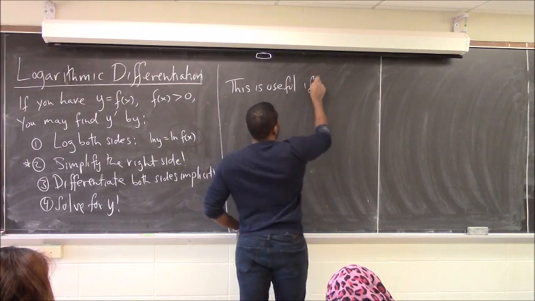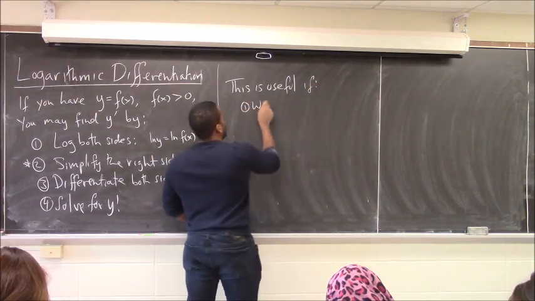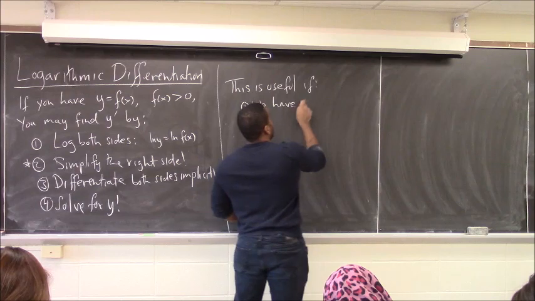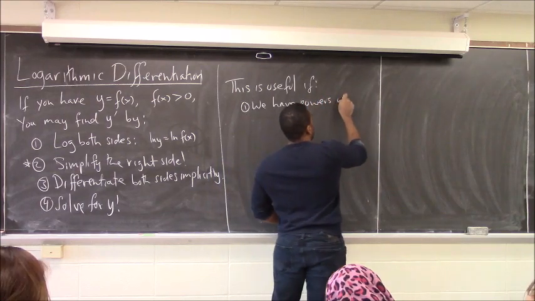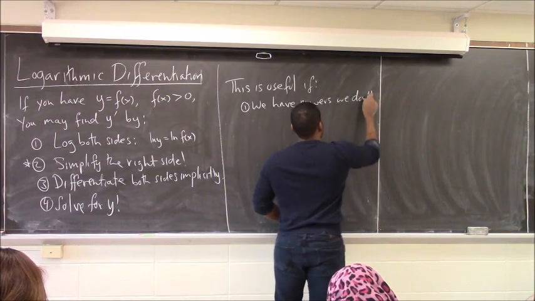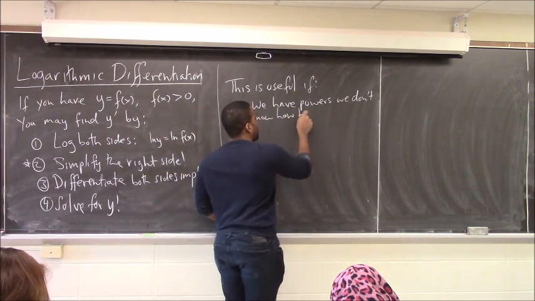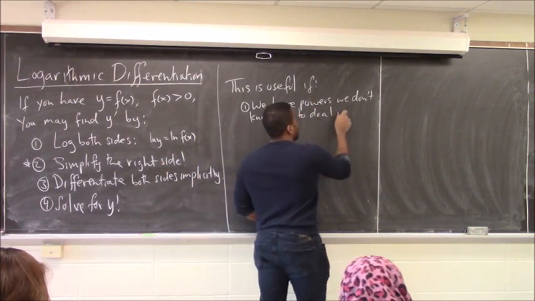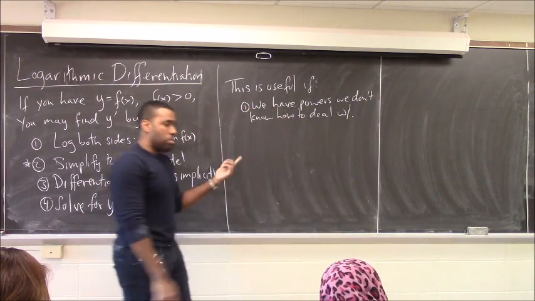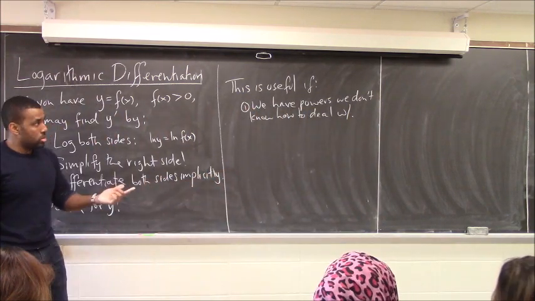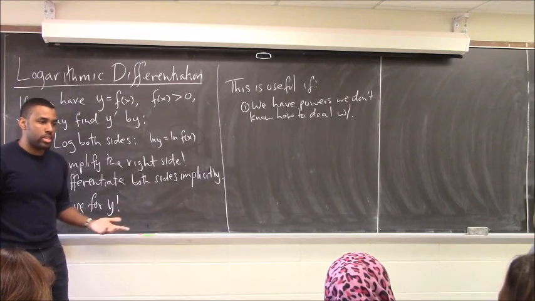This is useful if, one, we have powers we don't know how to deal with. Again, if the power is a constant or the base is a constant, we have a formula that deals with that case.